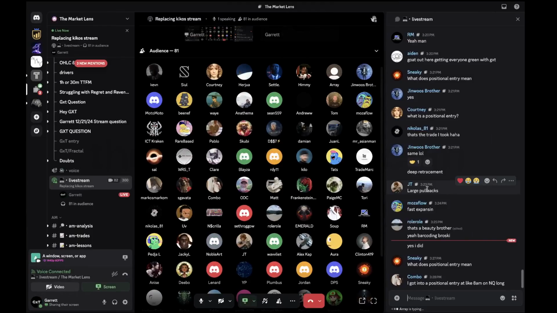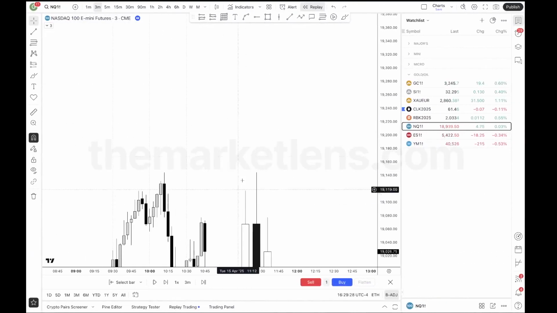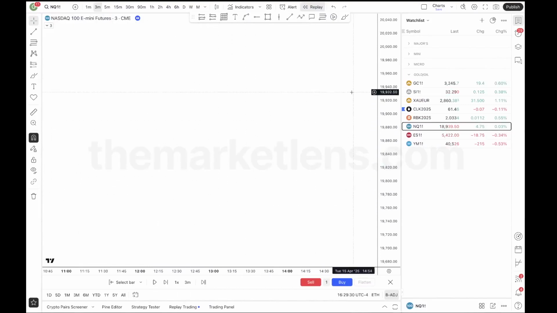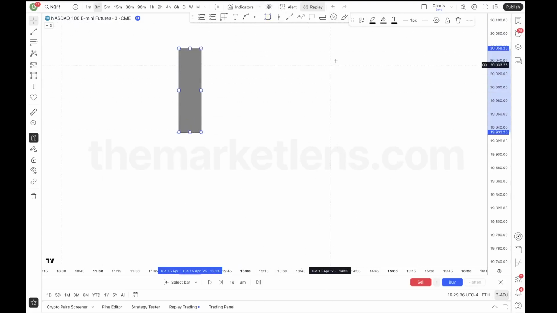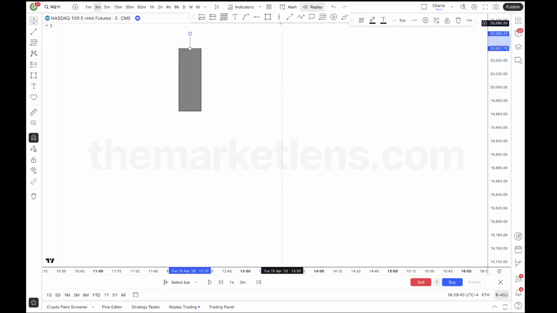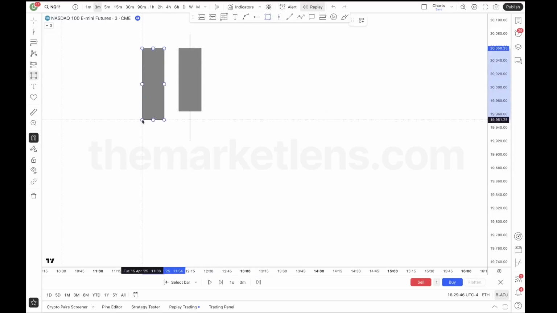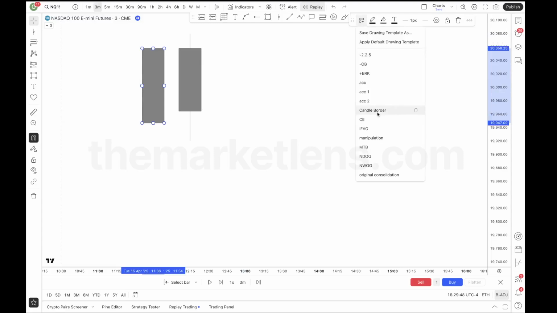Sorry. Positional entry means you're essentially assuming that a wick's higher low is going to form. So let's say you have a candle 2 or something. Say this is a bullish candle.